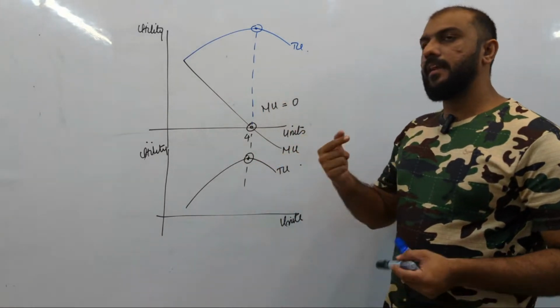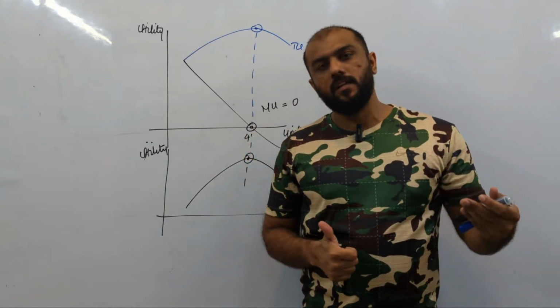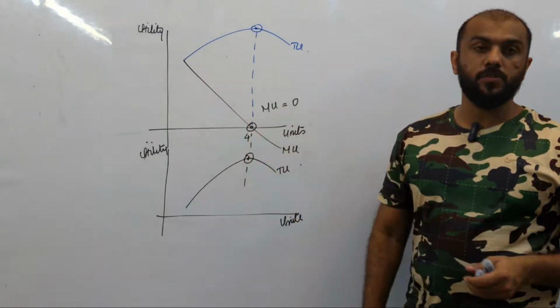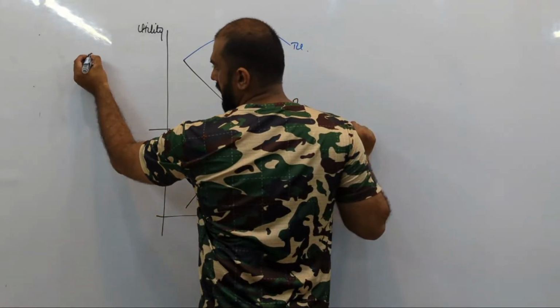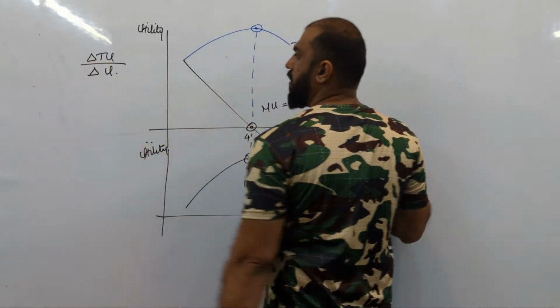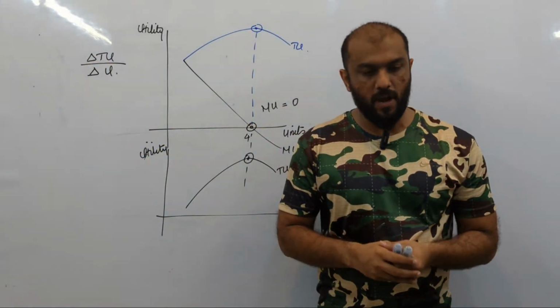Marginal utility has a negative relation with the units, meaning when your units are increasing, the marginal utility is decreasing. Hence, it is a downward sloping curve. The formula for marginal utility is change in total utility divided by change in units or the quantity, right? So that is the introduction for this chapter.